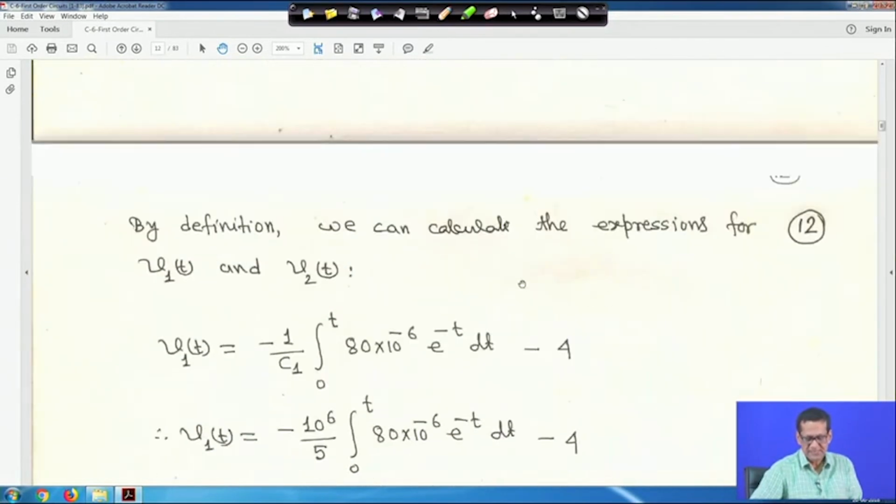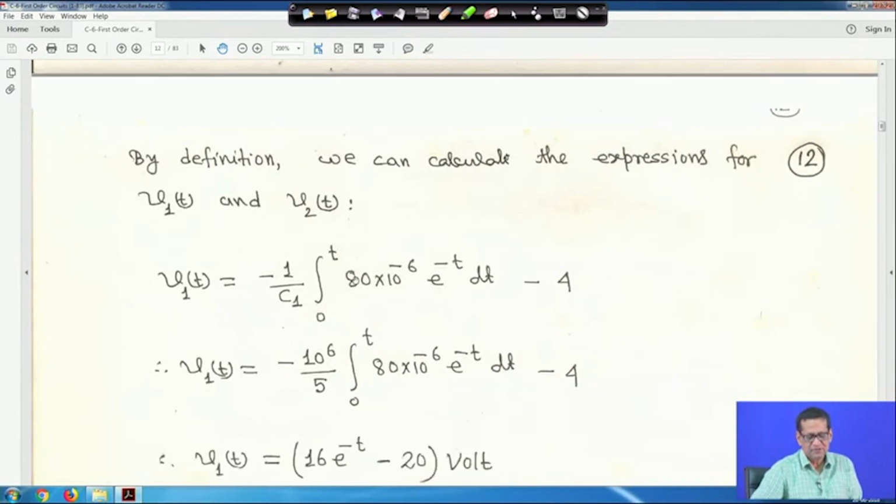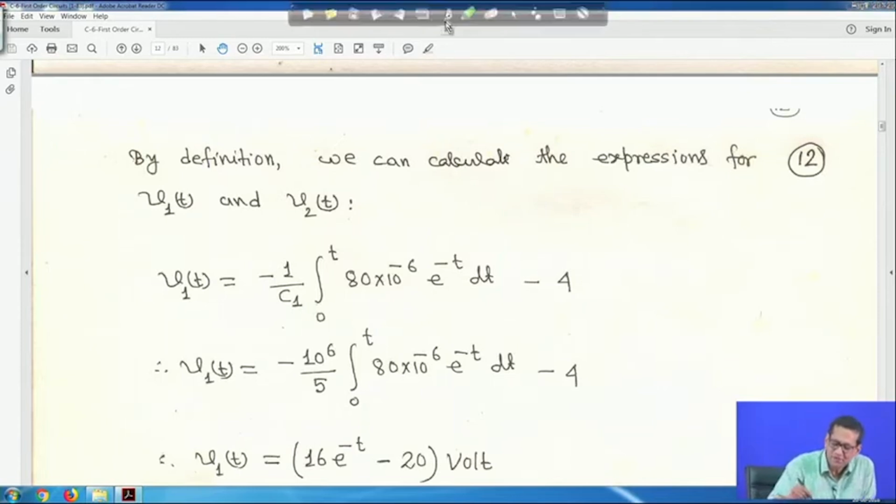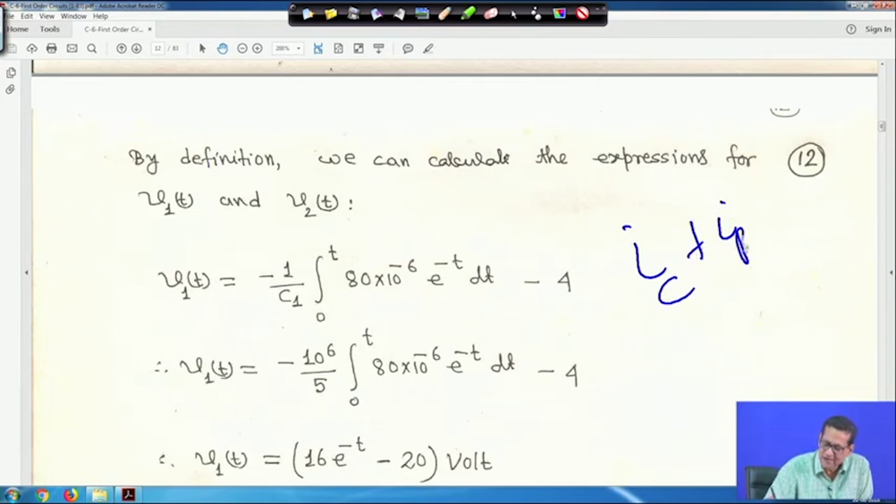So, by definition we can calculate the expressions for V1(t) and V2(t). We know V1(t) is equal to, look at the polarity of V1 and V2, right. Just as we have seen, IC plus IR is equal to 0, or IC plus IT, instead of IR you can write IT, right.